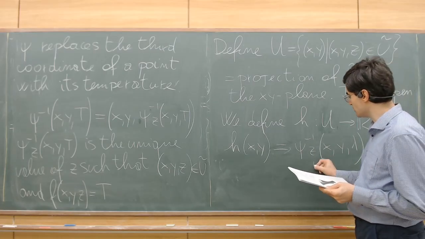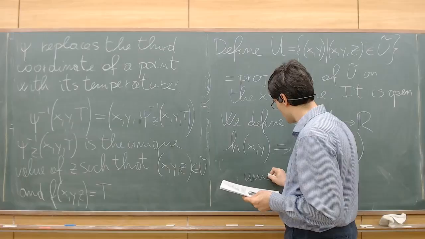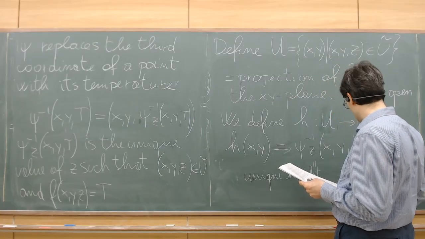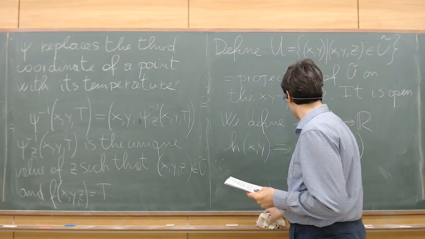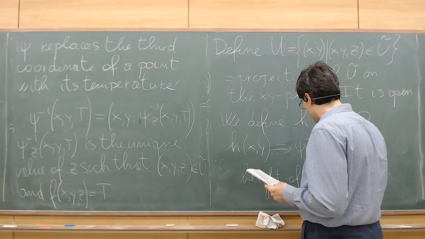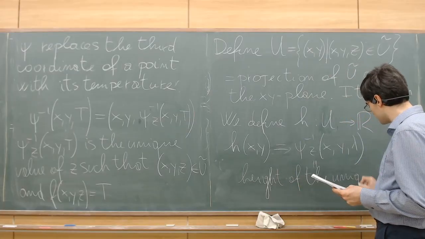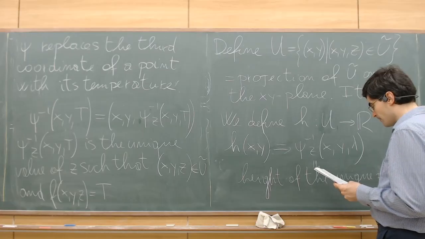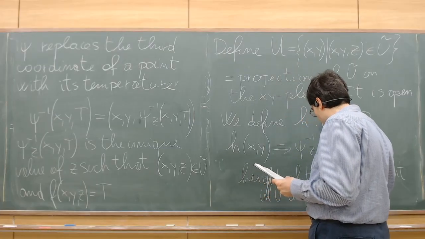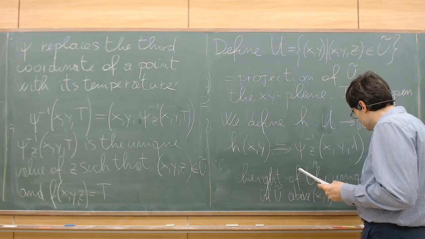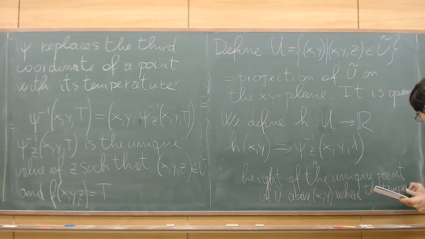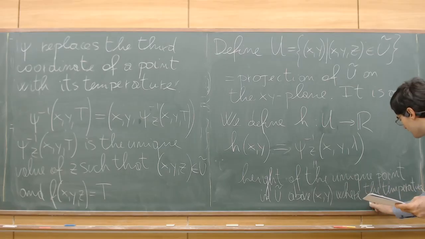So in other terms, this is the height of the unique point in U tilde above x, y, where the temperature is lambda.